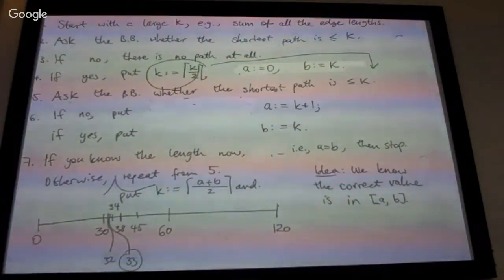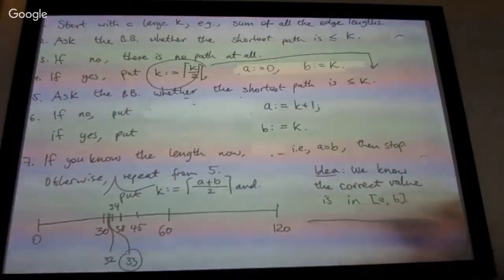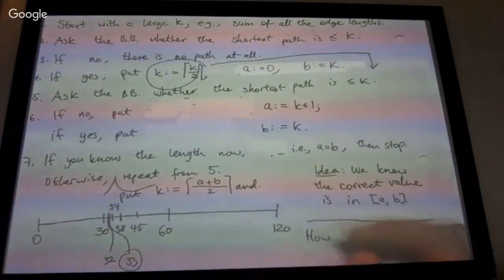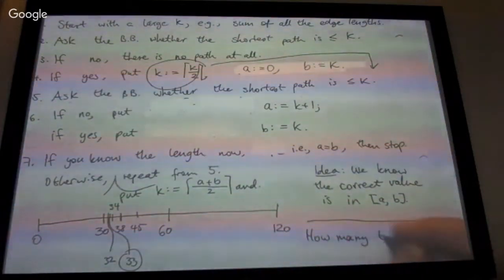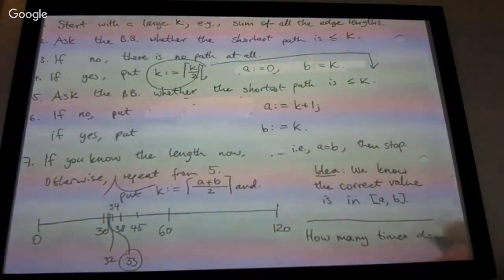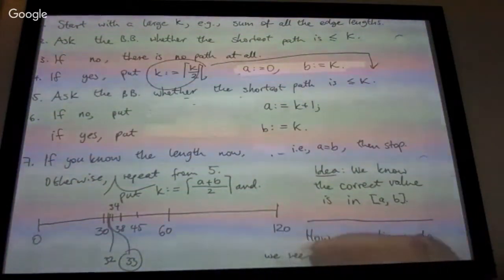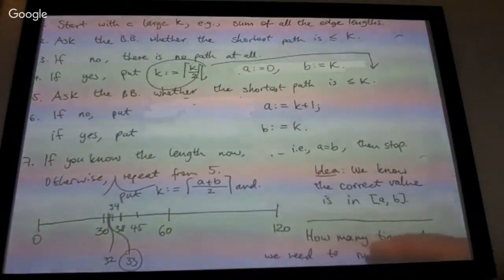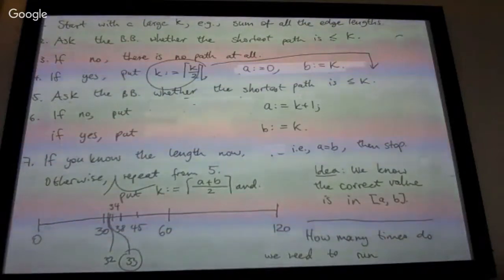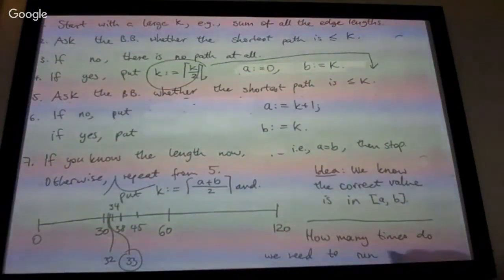Okay, so this is the algorithm, and it runs quite efficiently, sort of. So how many times do you have to do it? The black box.